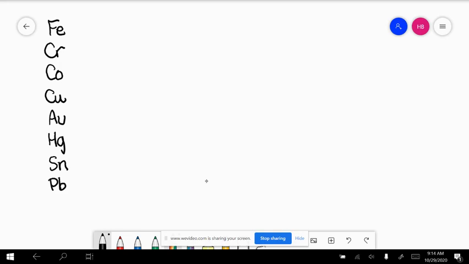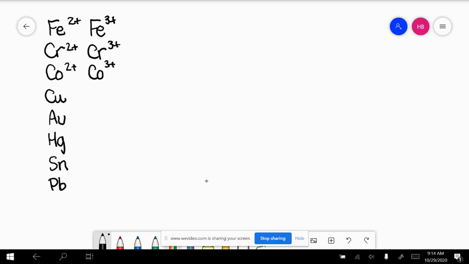Remember, the three musketeers can have a +2 charge on the ion or a +3 charge on the ion. We singled out 3 of them so you could remember which ones were +2, like all of the transition elements, and +3.